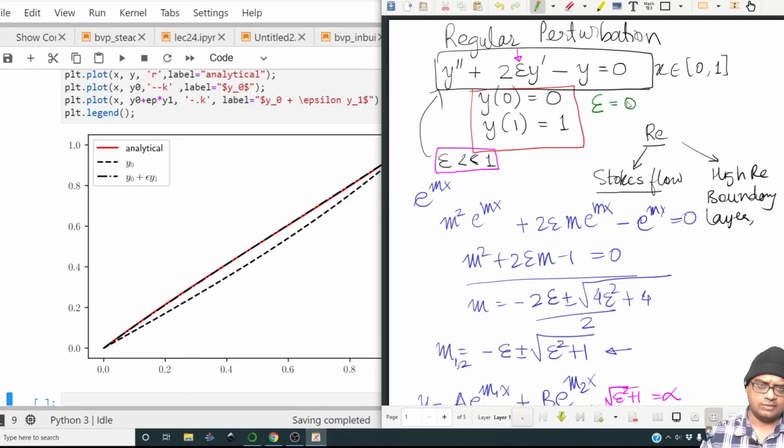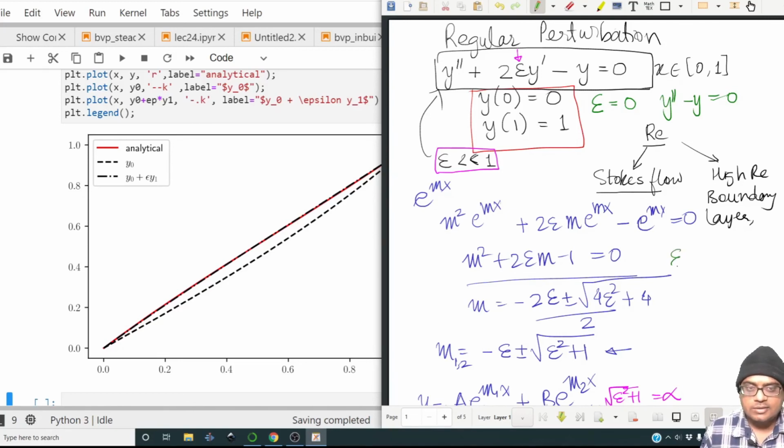So the base case is still something like this, which is still second order. So you're not sacrificing the order of the equation when you let epsilon go to 0.